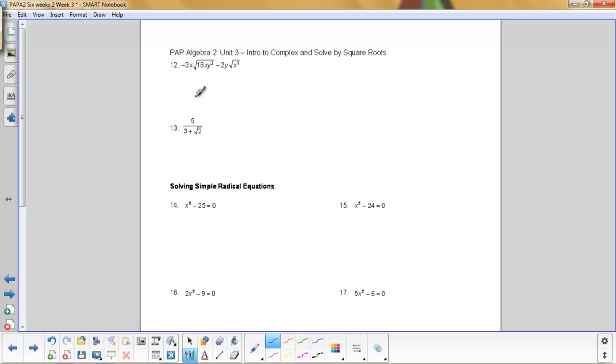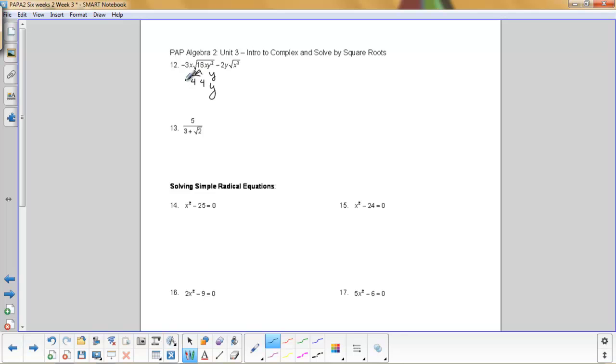Question number 12. We're breaking down a series of numbers and variables. So 16, well, that's easy. 4 and 4. And then we're going to leave the x but break down the y.